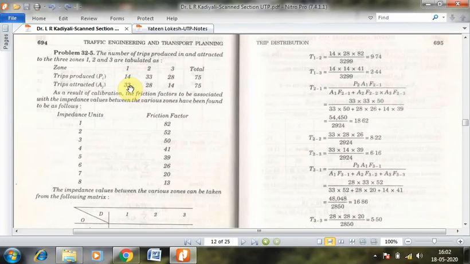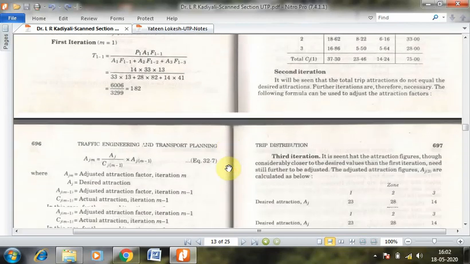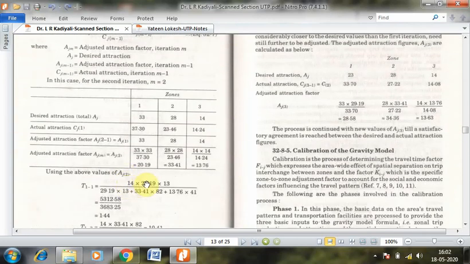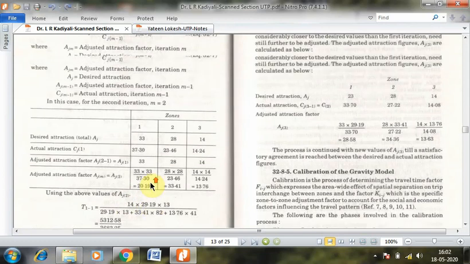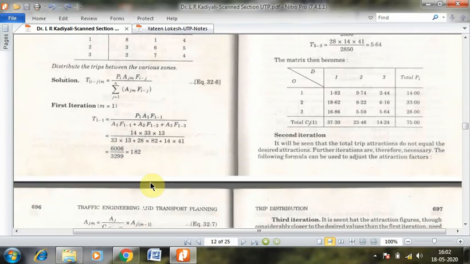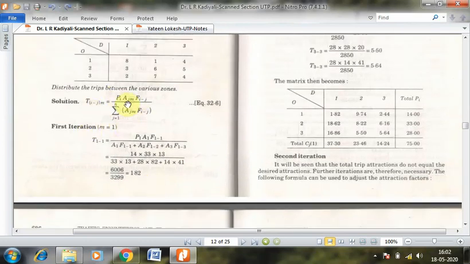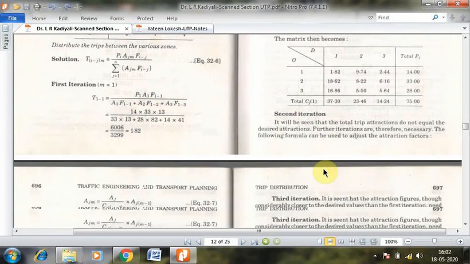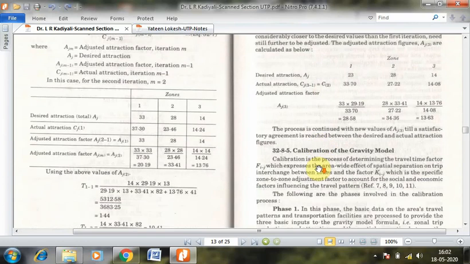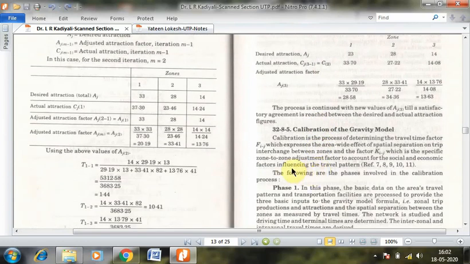Aj was again 33, so that 33 was included in the previous iteration. But since this is the second iteration, if you refer to the equation that we discussed here, rather than using 33, you will have to use the next iterative value of Aj. Looking at this particular case, you can have a look at this 29.19, or it might be 20.19.